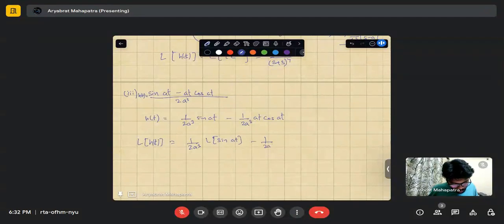It's 1 over 2a cubed. So one a will be cancelled out from here, so you have 2a squared. So the Laplace transform of t cos at.